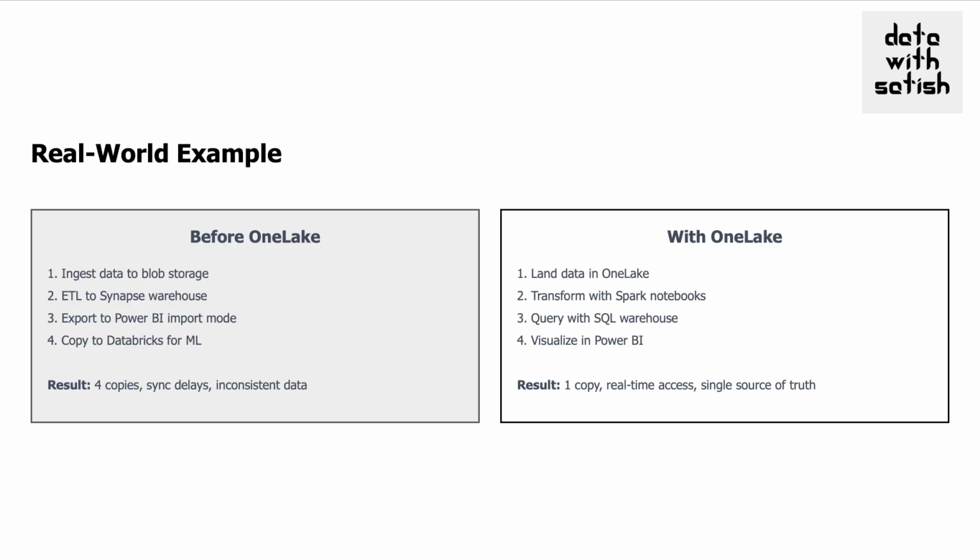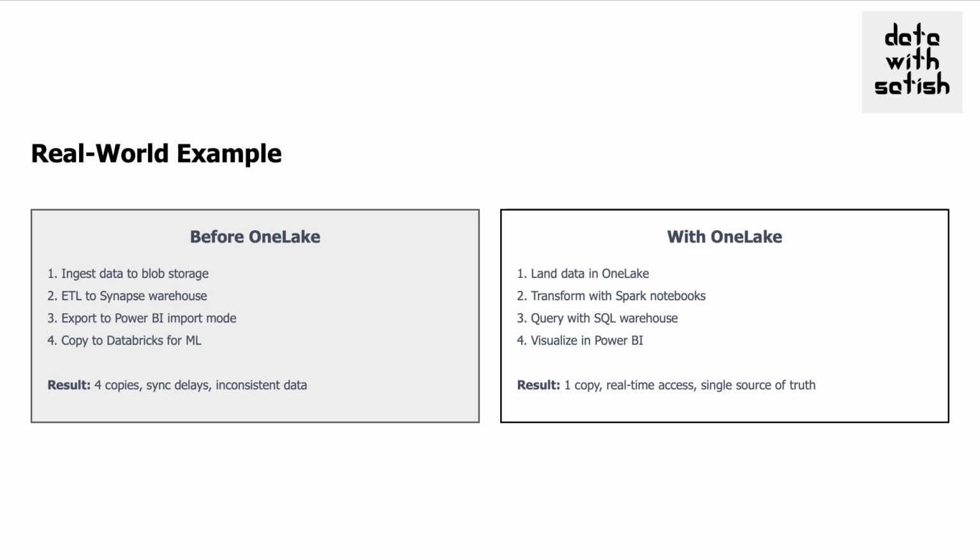Let me give you a real-world example. Before OneLake, you ingest data to blob storage, run ETL to load it into Synapse Warehouse, export it to Power BI in import mode, copy it to Databricks for machine learning. The result: 4 copies of your data, sync delays between systems, inconsistent data across platforms.